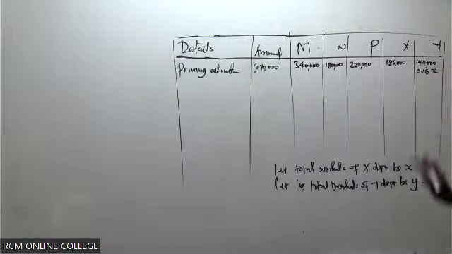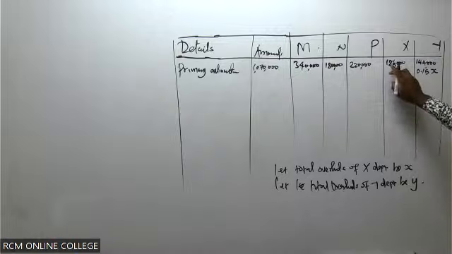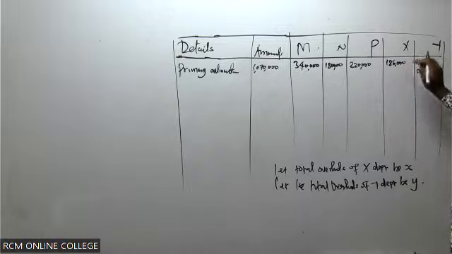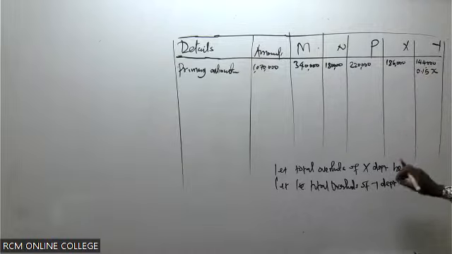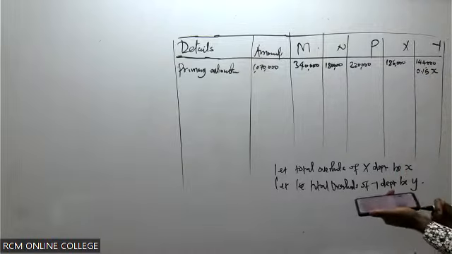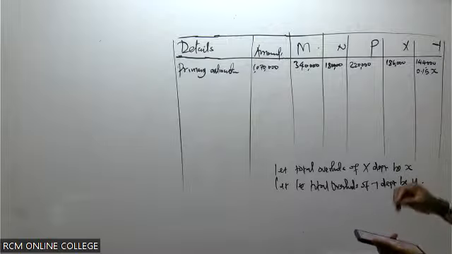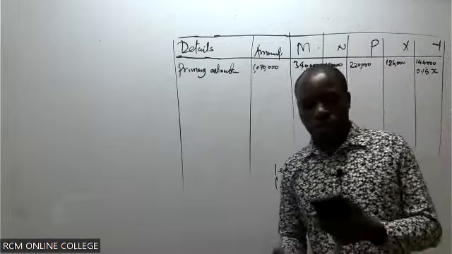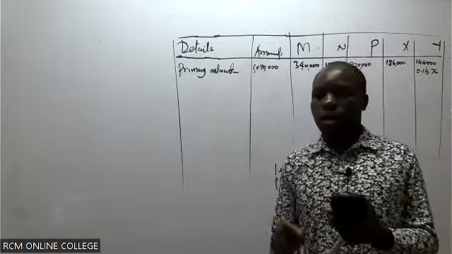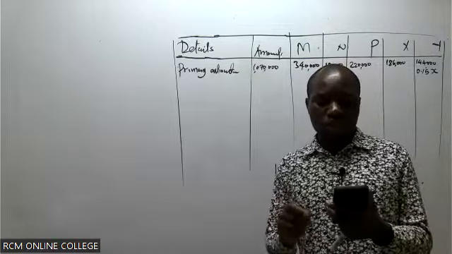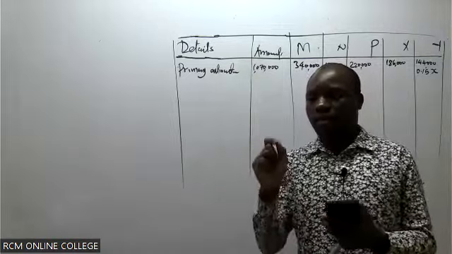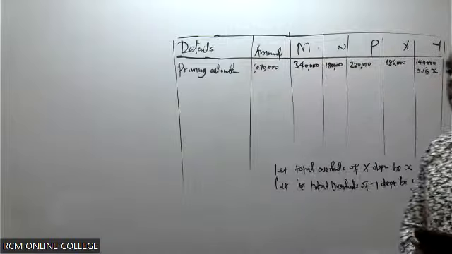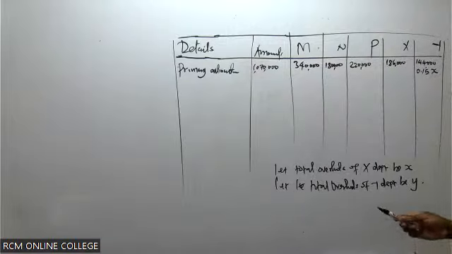How about department X? It will be giving out 186,000 plus what it will be receiving from Y. And what percent is X receiving from Y? X is receiving 10%.